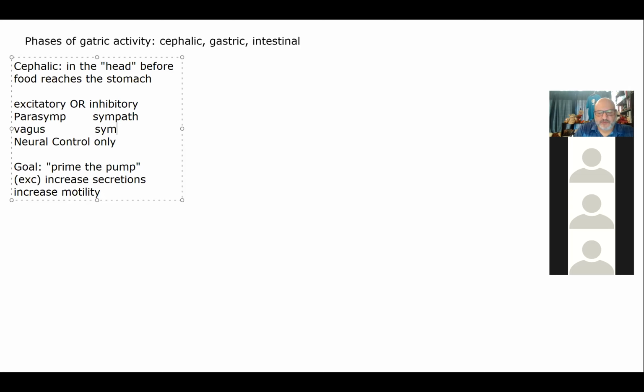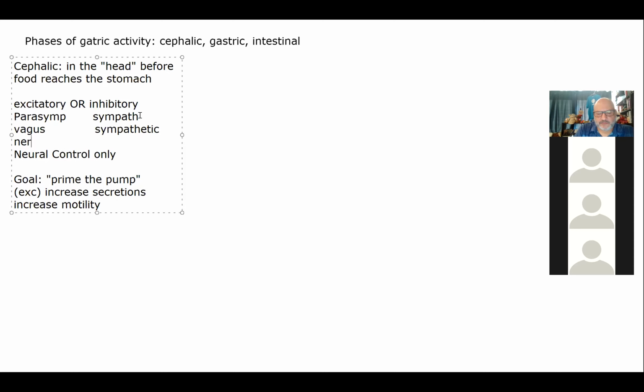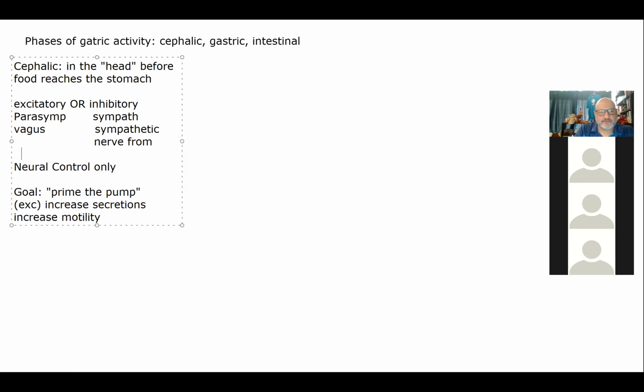And of course, it's a sympathetic nerve from the celiac ganglia, if we were trying to talk about where the pathway is coming from. Increasing the secretions, increasing the motility, getting it ready.